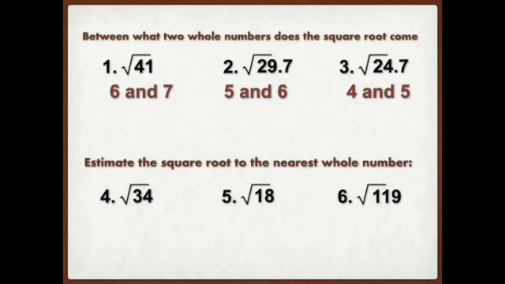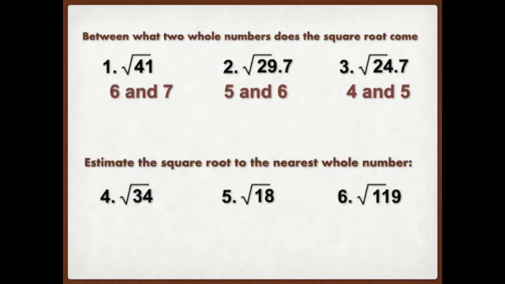So the square root of 36 is going to be less than the square root of 41. And then 7 times 7 is 49, so the square root of 41 is less than the square root of 49. If I ask you what are the two square roots that the square root of 41 would sit between, it would be the square root of 36 and the square root of 49.